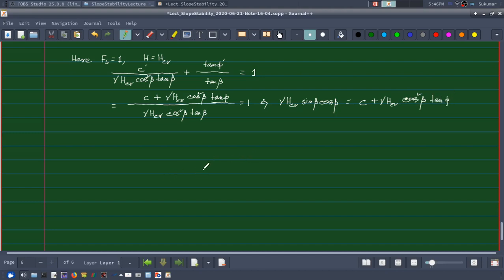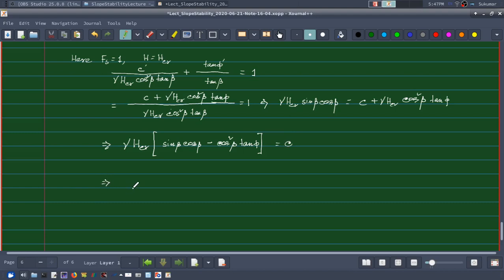Okay, and therefore from here I can take this term to this side, then I will be able to take gamma into H critical common, then I will have sine beta cos beta minus cos square beta tan phi equal to C, right?